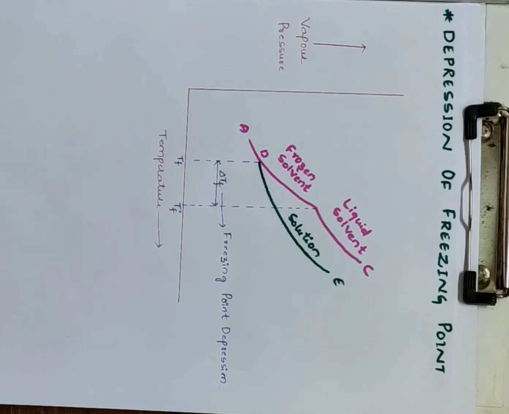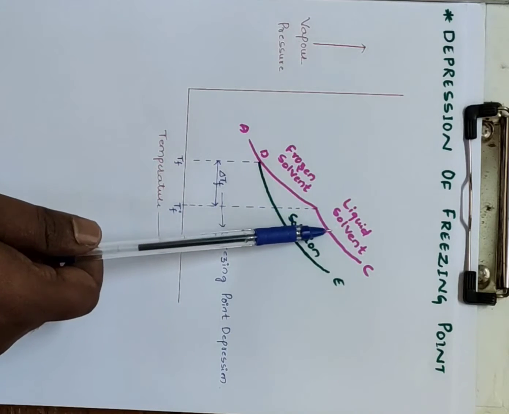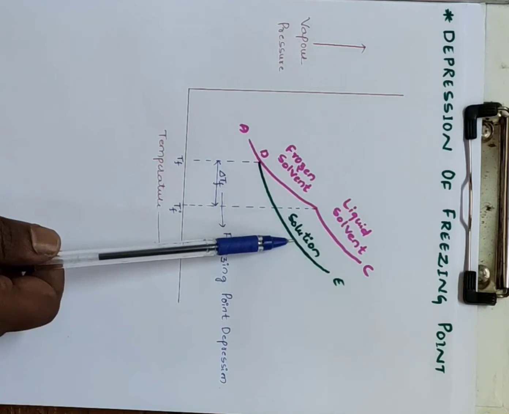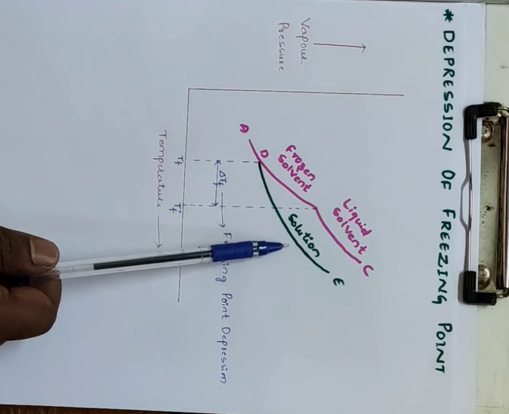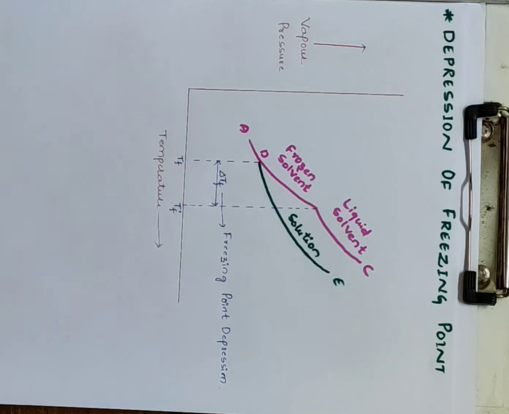Hello students, in this class we shall discuss the depression of freezing point. This diagram depicts the variation of vapor pressure of the pure solvent and that of the solution of a non-volatile solute in it as a function of temperature.